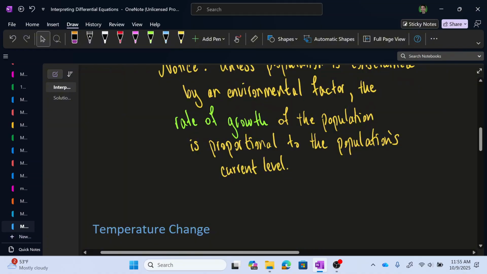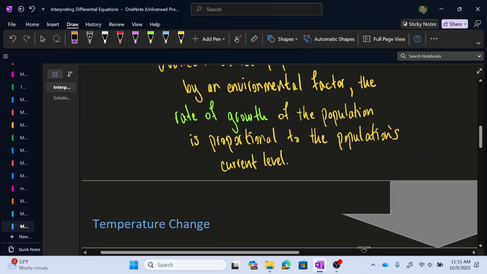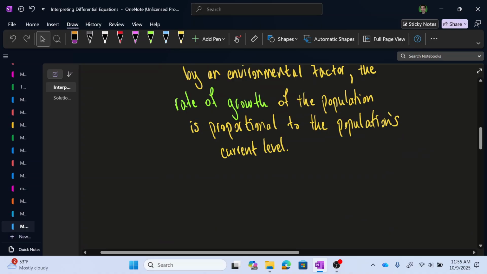Now, I've highlighted rate of growth here because in calculus, we've seen that the rate of growth, the rate of change, is a very important quantity because that is the same thing as the derivative of the population over time.